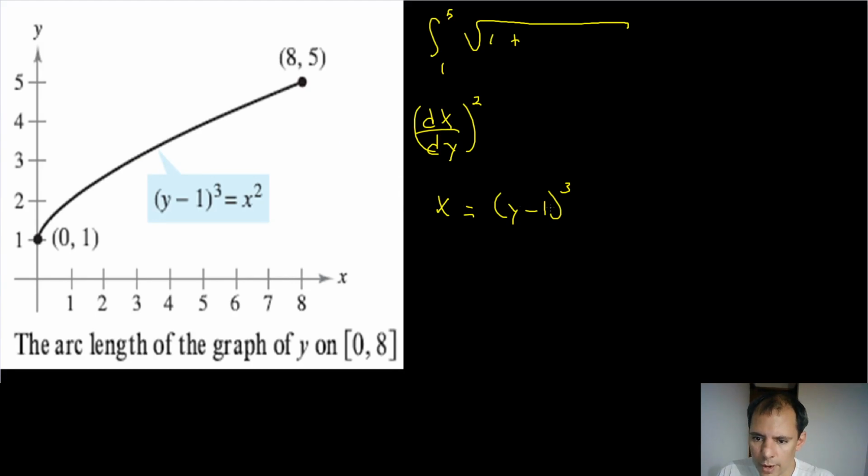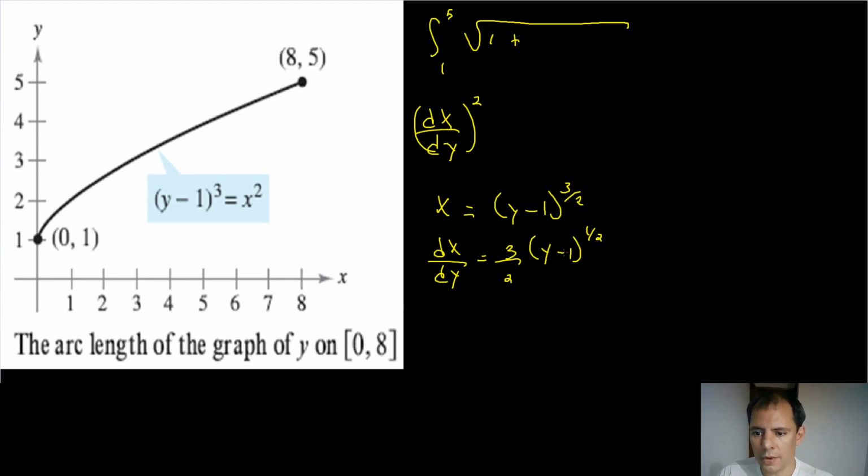Since this is squared, you do this. So dx dy is going to be equal to 3 over 2, and then you do y minus 1. 3 halves minus 1 is going to be 1 half, so you do that, times the derivative of the inside function.